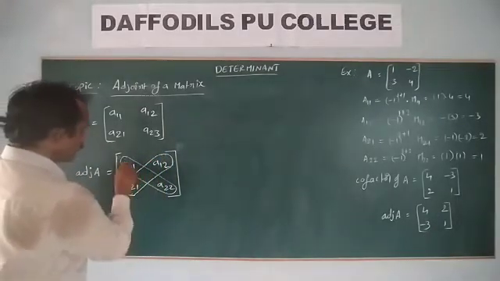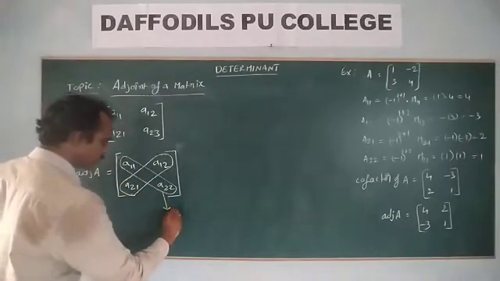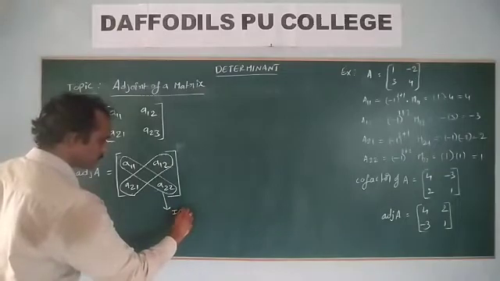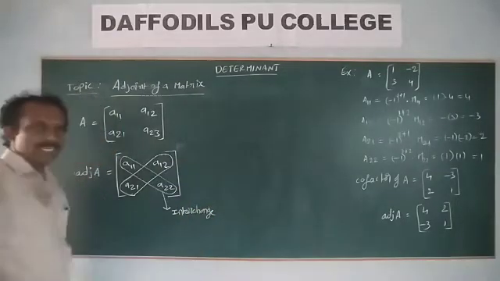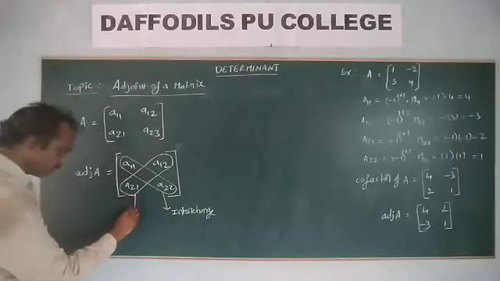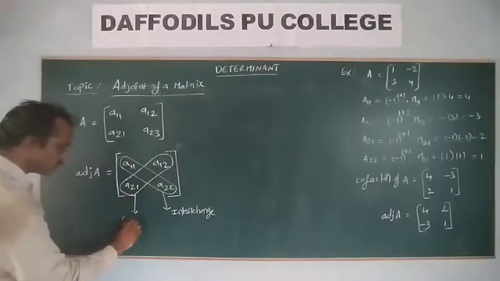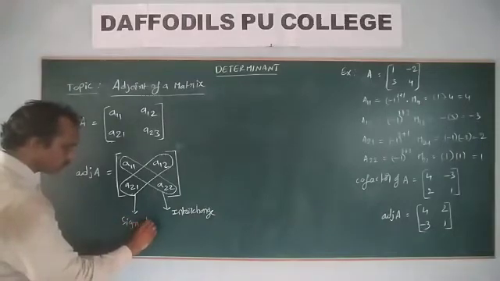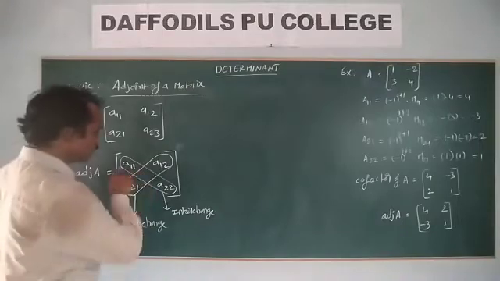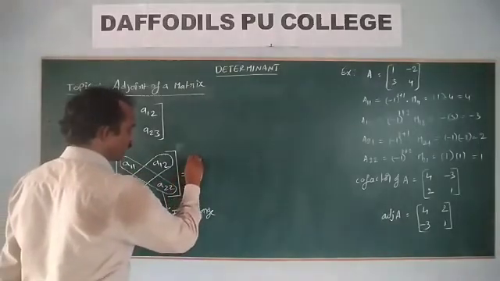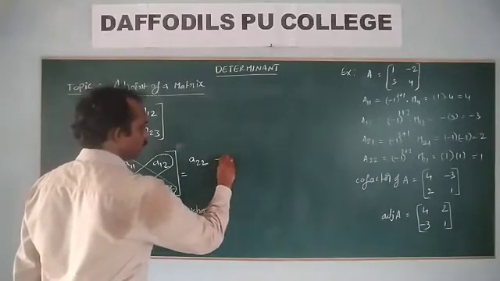These two are interchanged. For these two elements, the sign changes. That is the direct method. Interchange: after interchange, A22 and A11 swap places; A12 and A21 get a sign change, minus.